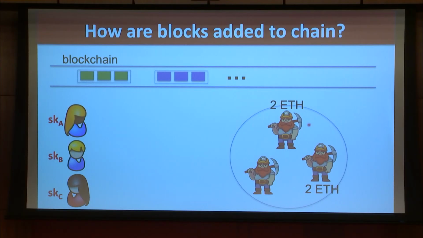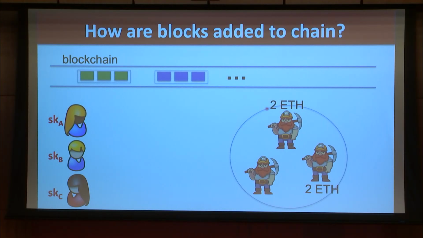Now, you notice these miners are compensated somehow for their work. They validate transactions, and they are the ones who put these blocks together and propagate them to all the replicas of the blockchain. They're doing work, so somebody has to compensate them. You can see they're compensated 2 ETH, and these are called the block rewards. The block reward is what you get for creating a new block.